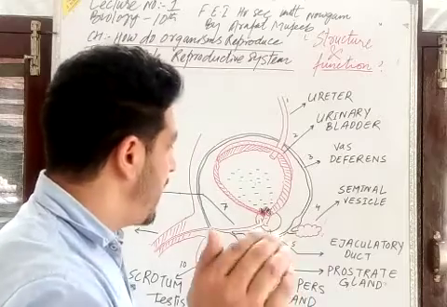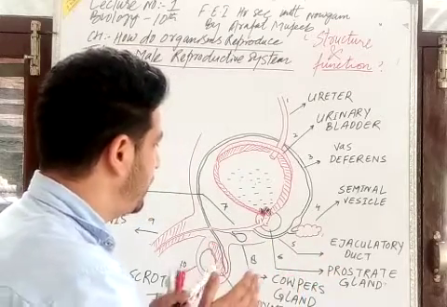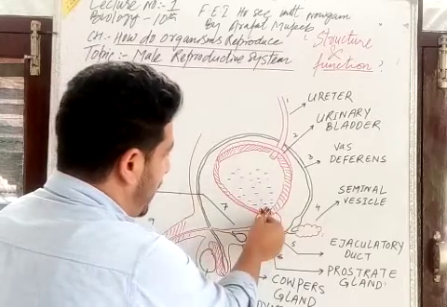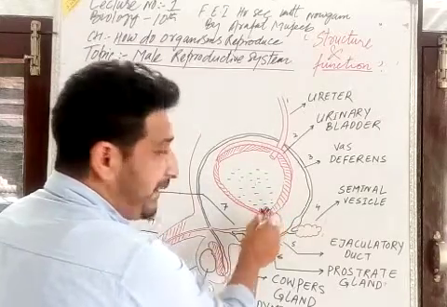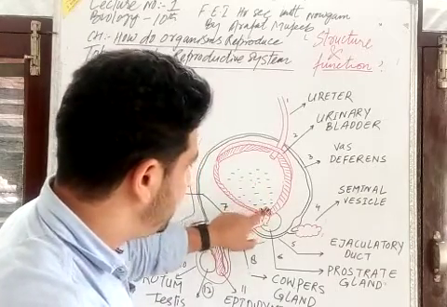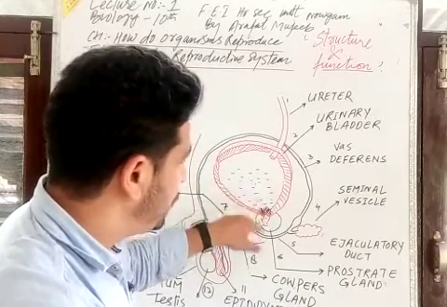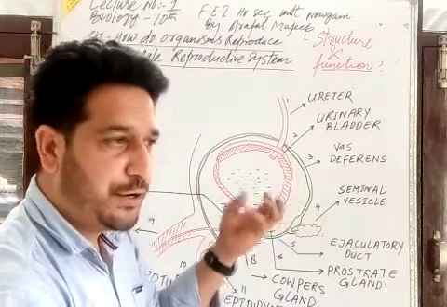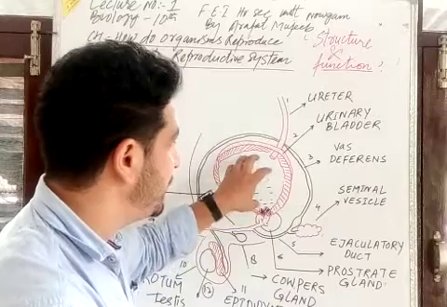Then we move ahead. Then there is the urinary bladder, and here is the internal sphincter, so that they guard this opening: how much urine can be expelled, how much urine can be retained in this pouch.